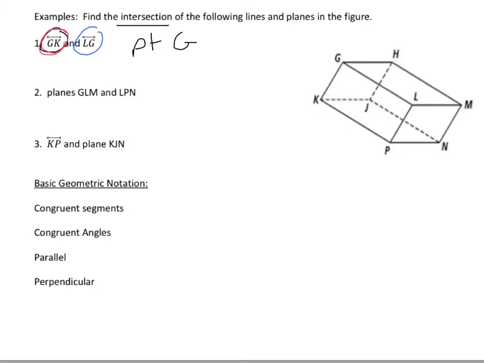Next, planes GLM. GLM is this plane, and LPN, LPN is this plane. Where do they intersect?